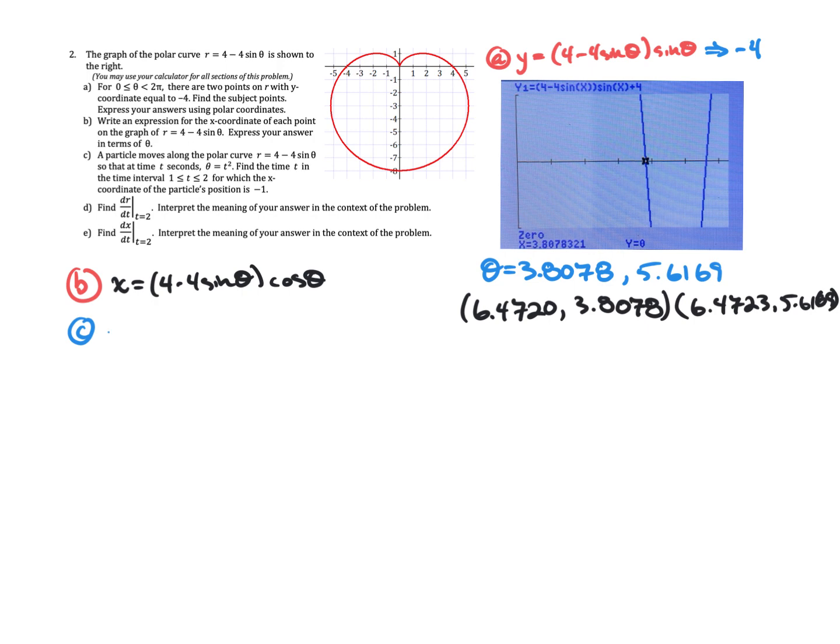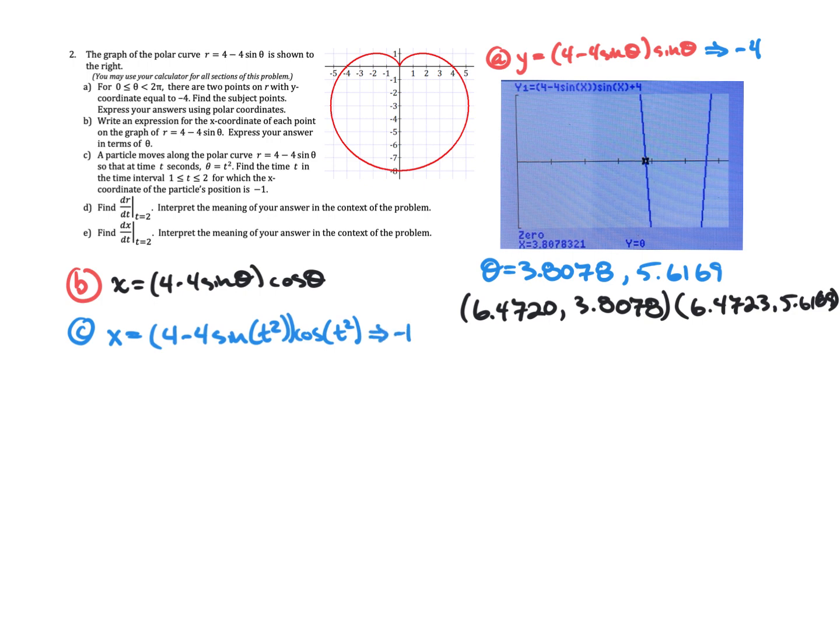So then I get what? x is equal to 4 minus 4 sine t squared, and then cosine of t squared. And so now what do I want to do with that? You missed the sine. What do we want to do? We want to set that equal to what? -1.